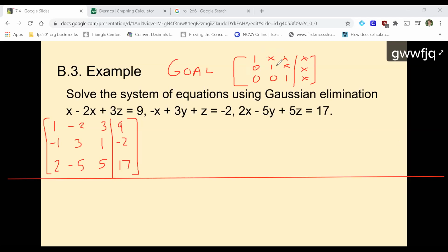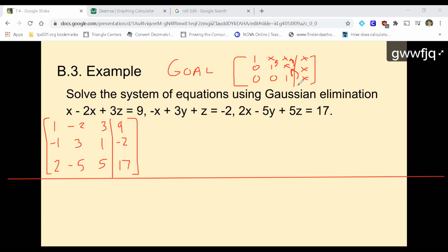That's my goal. Because once I have this last equation with only one z equals a number, I can take that number and plug it in to this equation to find out what y is. And then I can take y and z and plug them in to find out what x is.